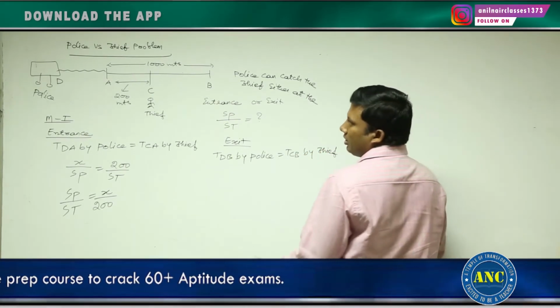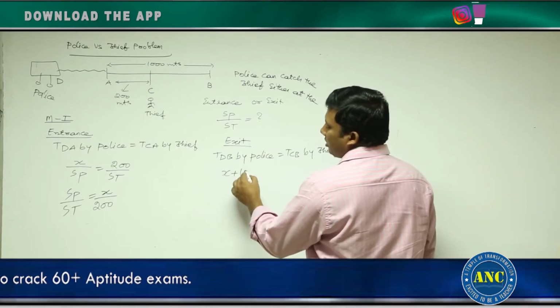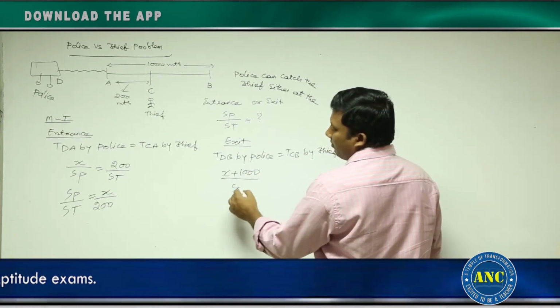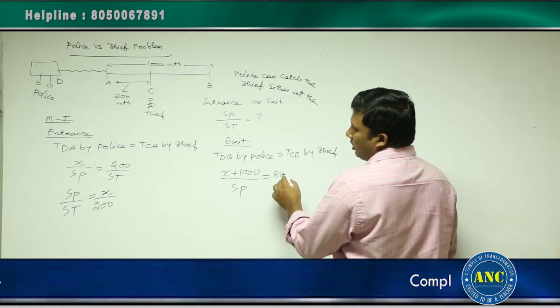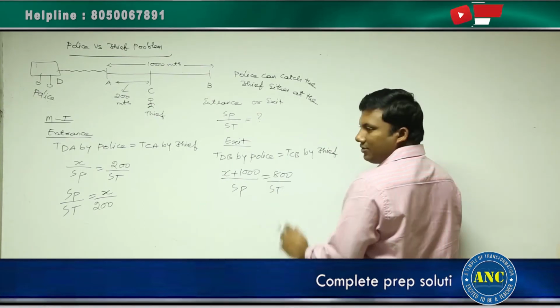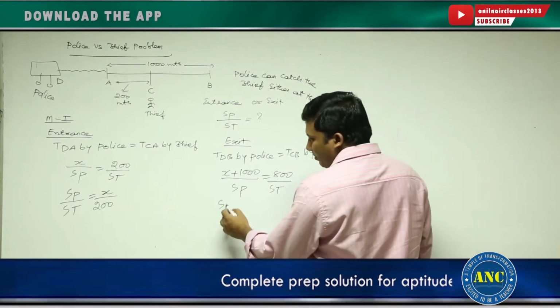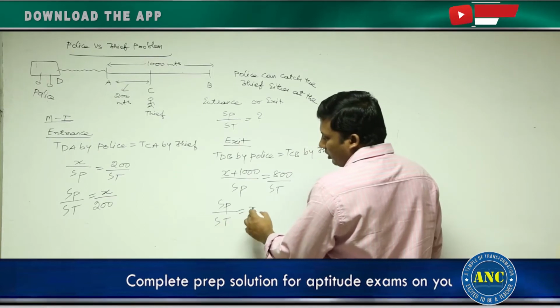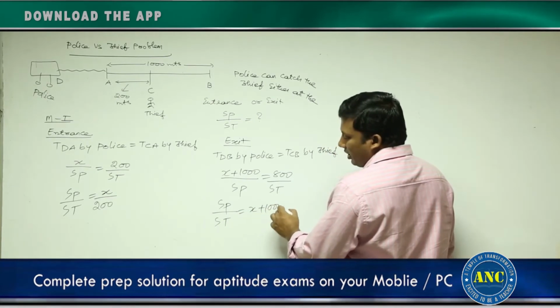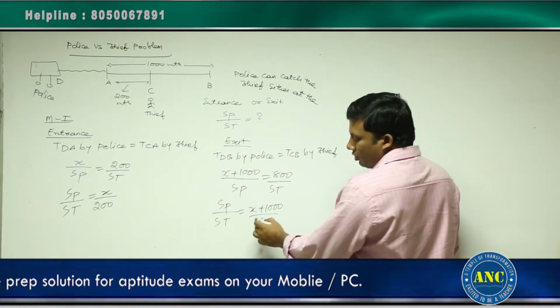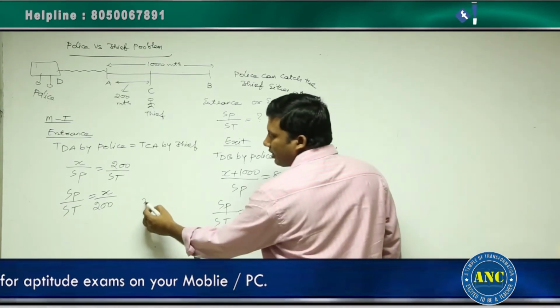D to B is X plus 1000 divided by SP, equivalent to 800 by ST. So SP by ST is X plus 1000 by 800.